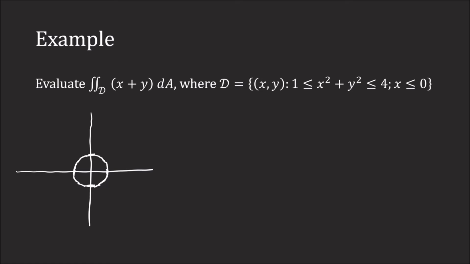X squared plus y squared equals 4 would be a circle of radius 2. So something like this.